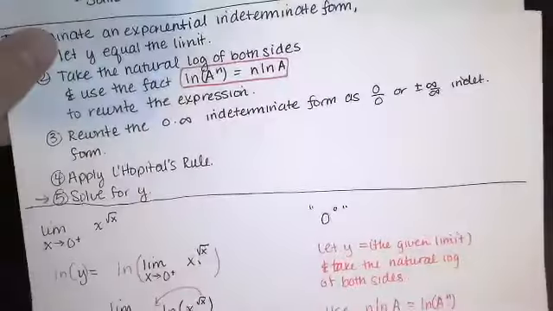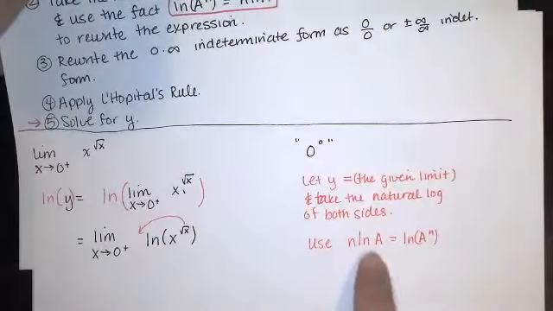So we still have natural log of y, and y is what we're looking for, is equal to the limit as x approaches 0 from the right of the square root of x times natural log of x. And that's because we just brought that square root of x out front using this property.